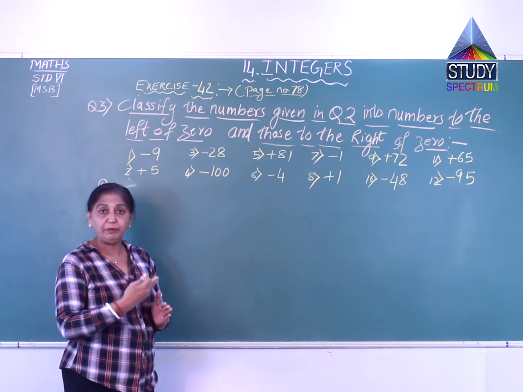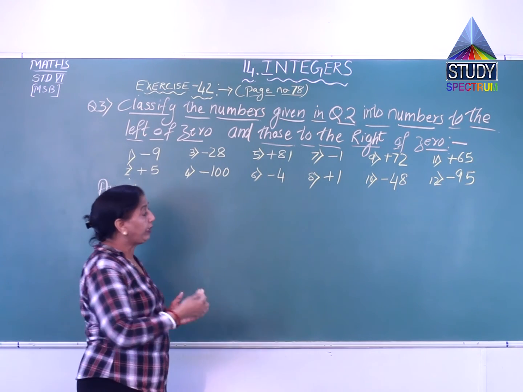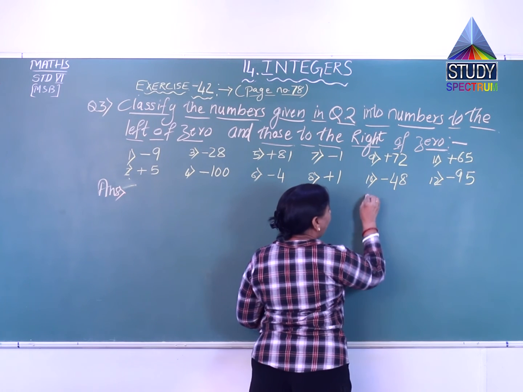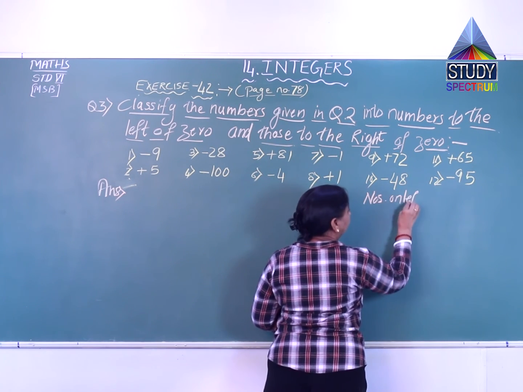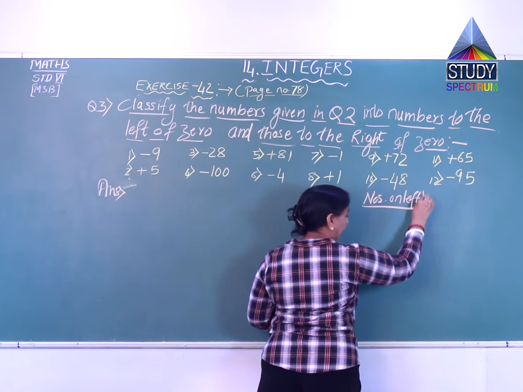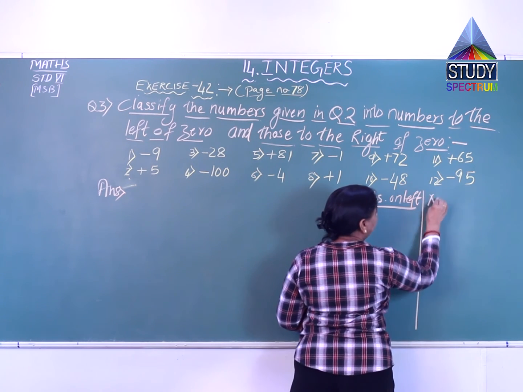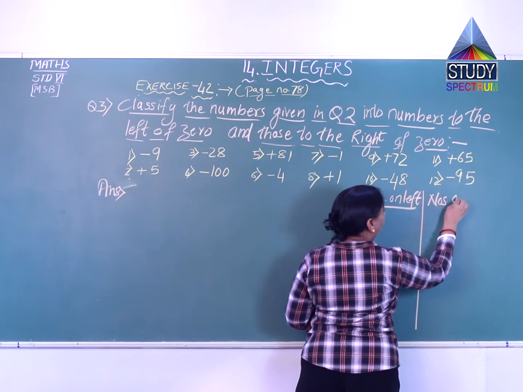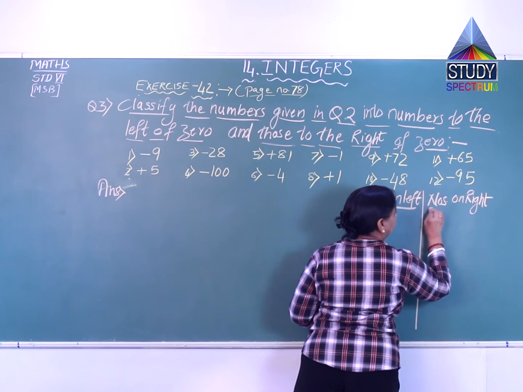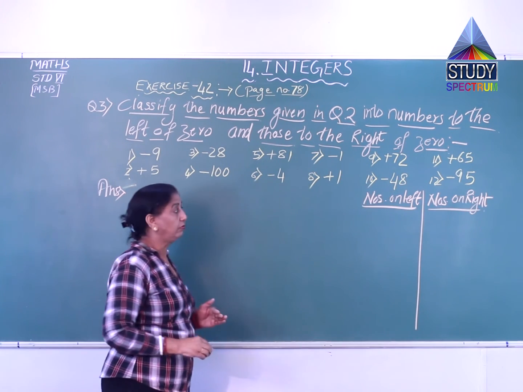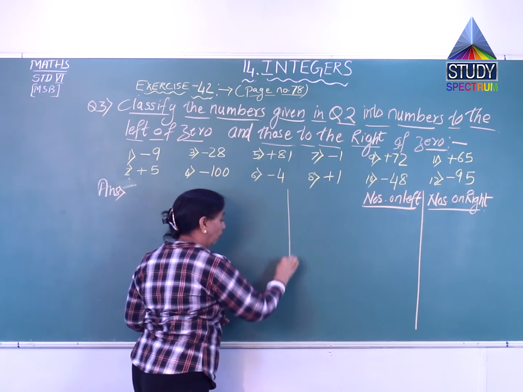So individually, one by one, we can write, or we can write like this: numbers on left, and numbers on right. We can write this way also. So there are two ways to solve this.